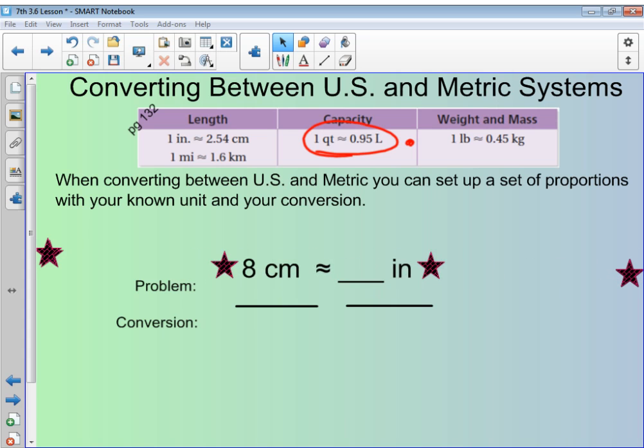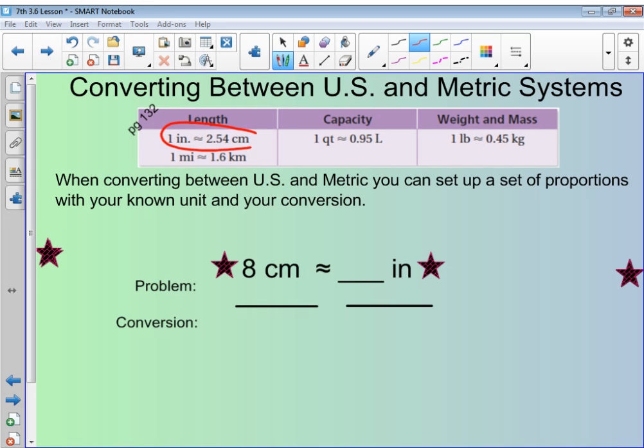Okay, so this time I've got 8 centimeters equals blank inches. So centimeters to inches. Well, here I've got inches to centimeters. So let's go ahead and use that one. So I'm going to match labels. So 1 inch is 2.54 centimeters. Notice I matched labels. That's why I put my centimeters in the front and my inches in the back, matching labels.